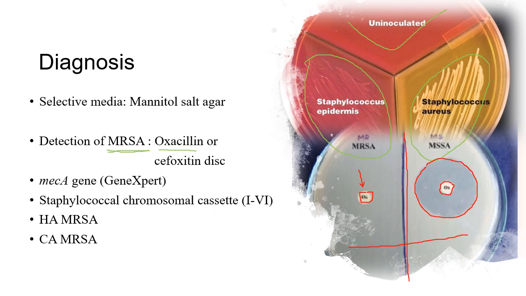So this bacteria which is growing right up to the disc is actually resistant to oxacillin, and it is termed methicillin resistant Staph aureus. On the other hand, here it is sensitive to oxacillin, and the term used is methicillin sensitive Staphylococcus aureus. Okay.